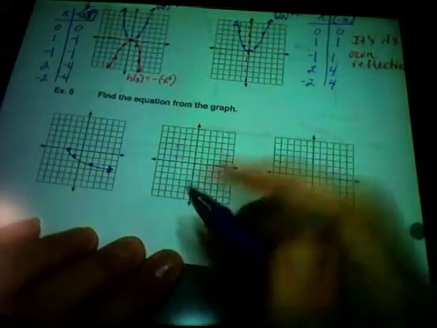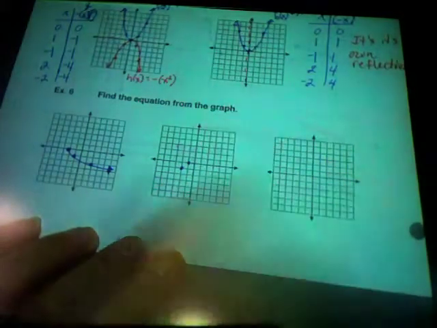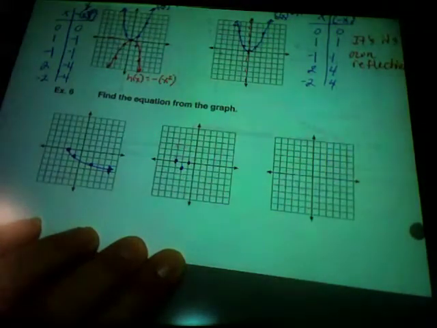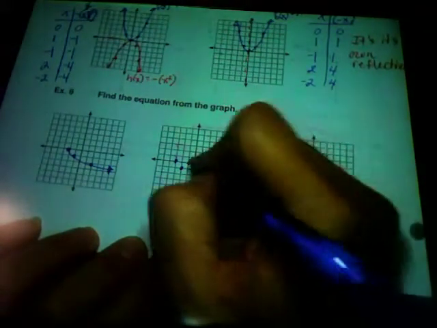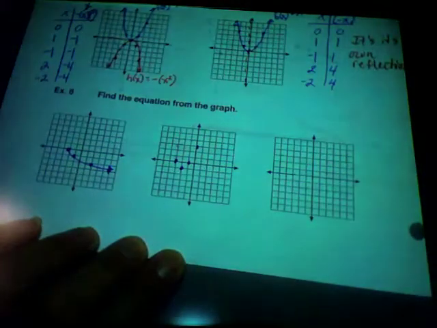The next one has a point at negative 2, negative 1, negative 1, 0, negative 3, 0, 0, 3, and then negative 4, 3.